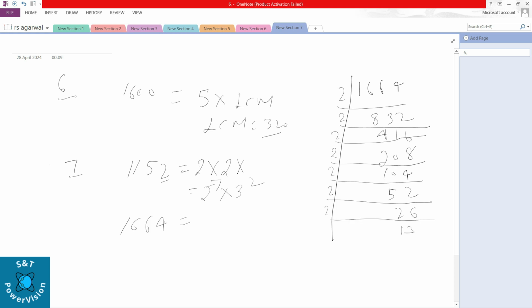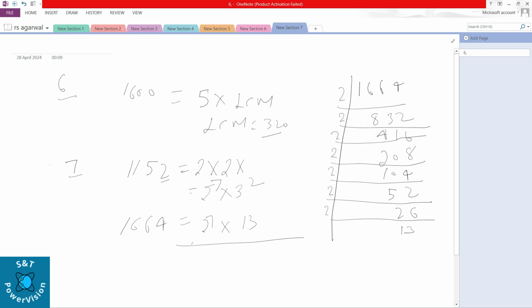So let's revise: 1664 means 832, 416, 208, 104, 52, 26, 13. If you see here, 1, 2, 3, 4, 5, 6, 7. So it will be 2 to the power 7 into 13.